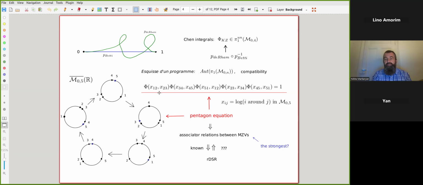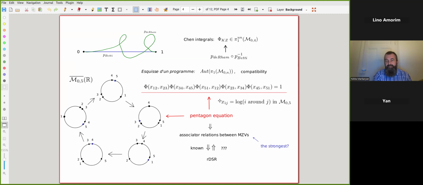So this thing lives in the group algebra, the unipotent completion of the group algebra of the fundamental group of M05, and xij are corresponding elements also. So, yeah, it's a rather complicated equation, and it's not even easy to see how to write down the relations between MZVs that it gives.